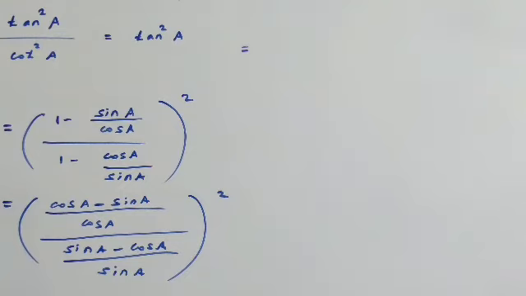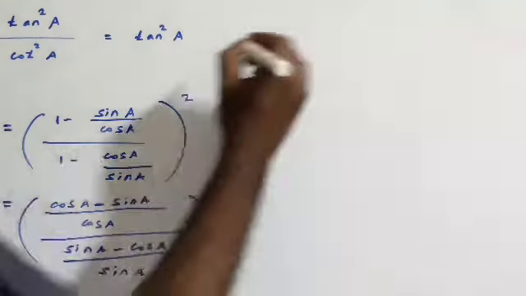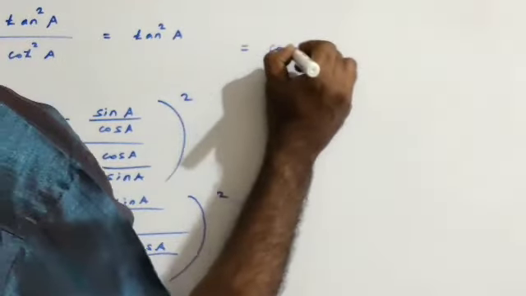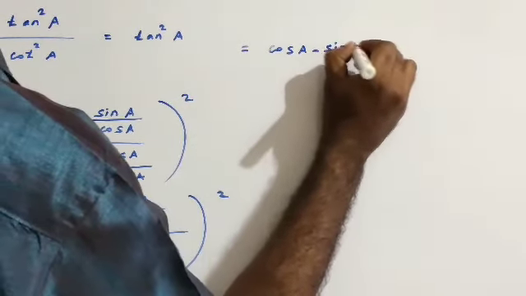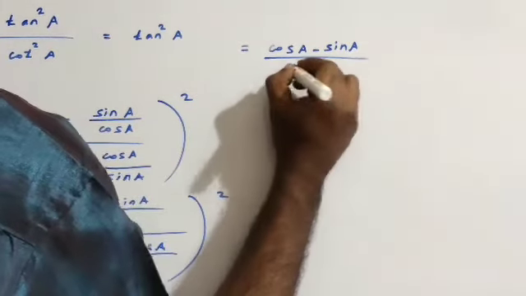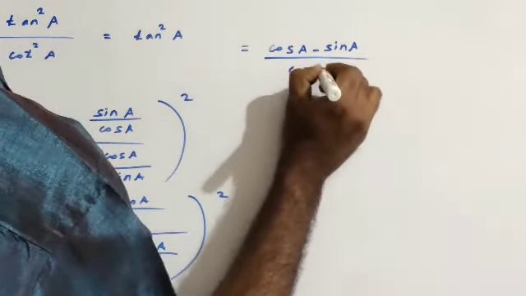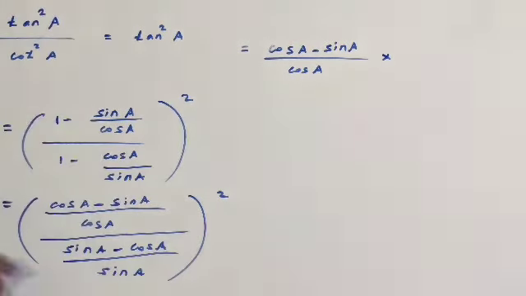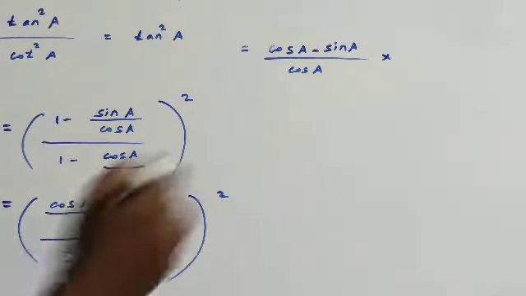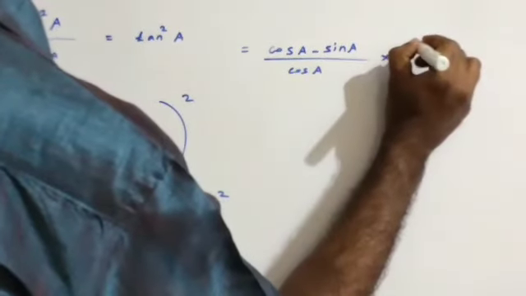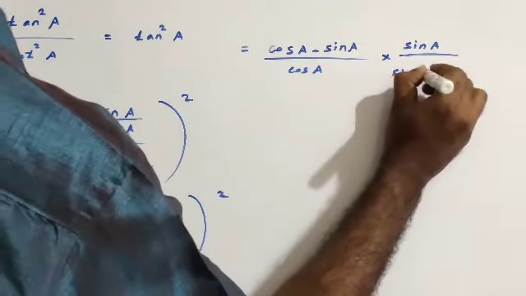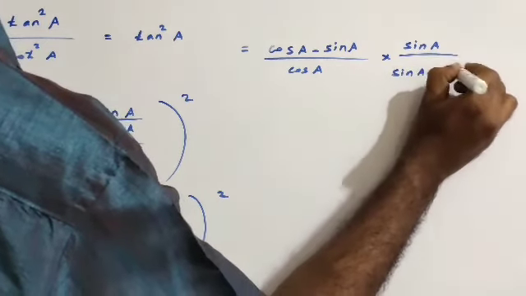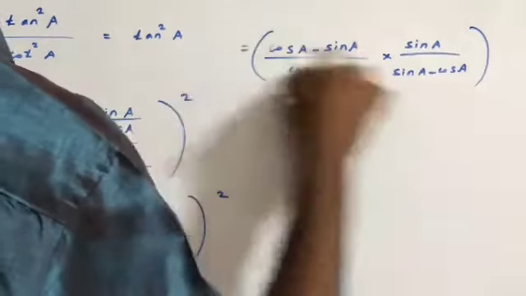Now write the numerator, that is cos A minus sin A divided by cos A, into the denominator become reciprocal, so sin A divided by sin A minus cos A, whole square.